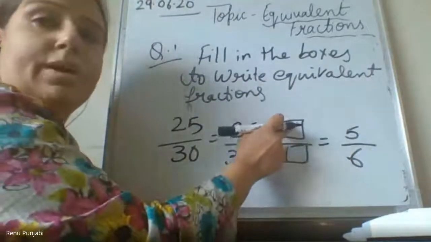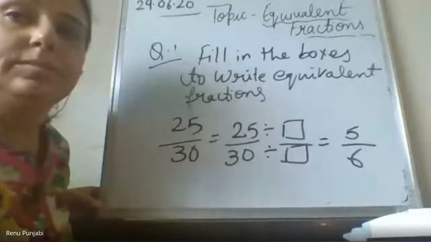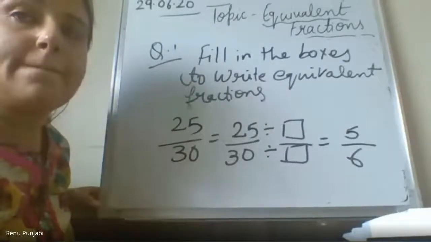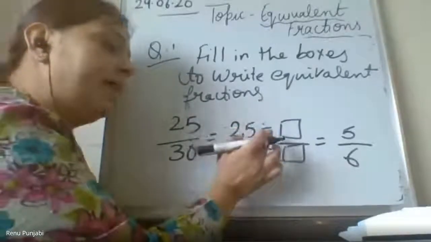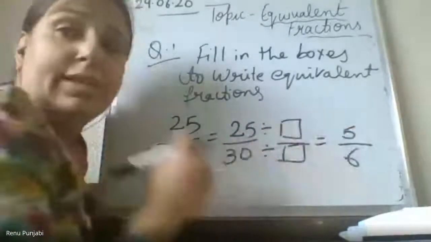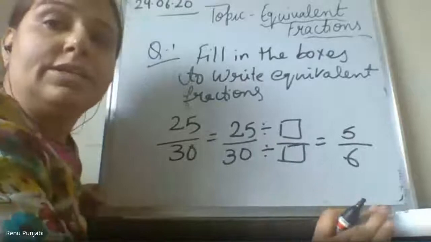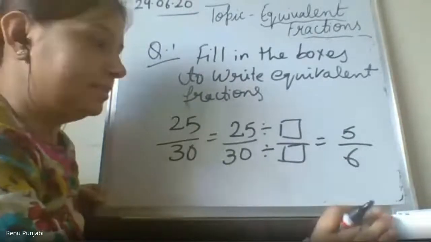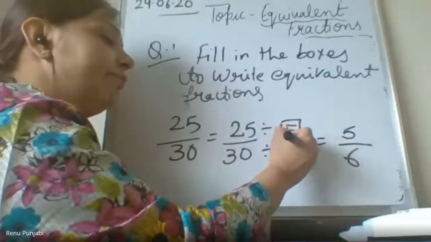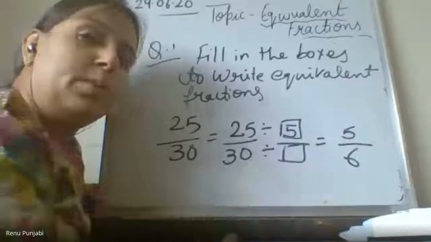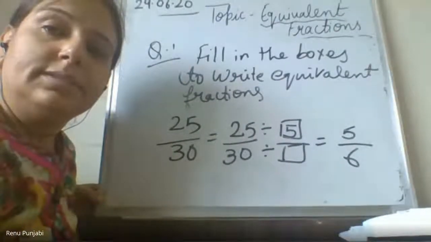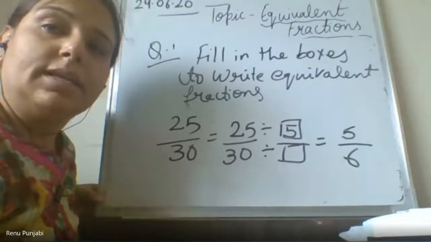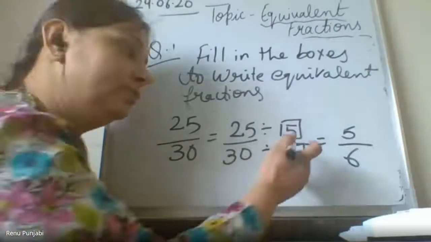Tell me which number will come here. 25 divided by which number so that 5 will come? Very good, Neeral. Ishana, Sara, excellent. Divided by 5. Now what number will come here to divide the 30? Here also will come 5.